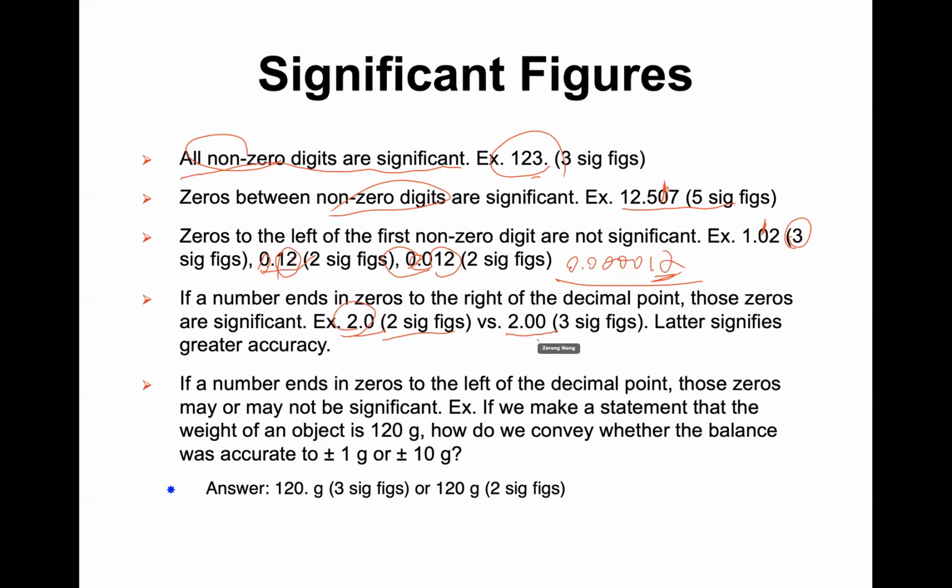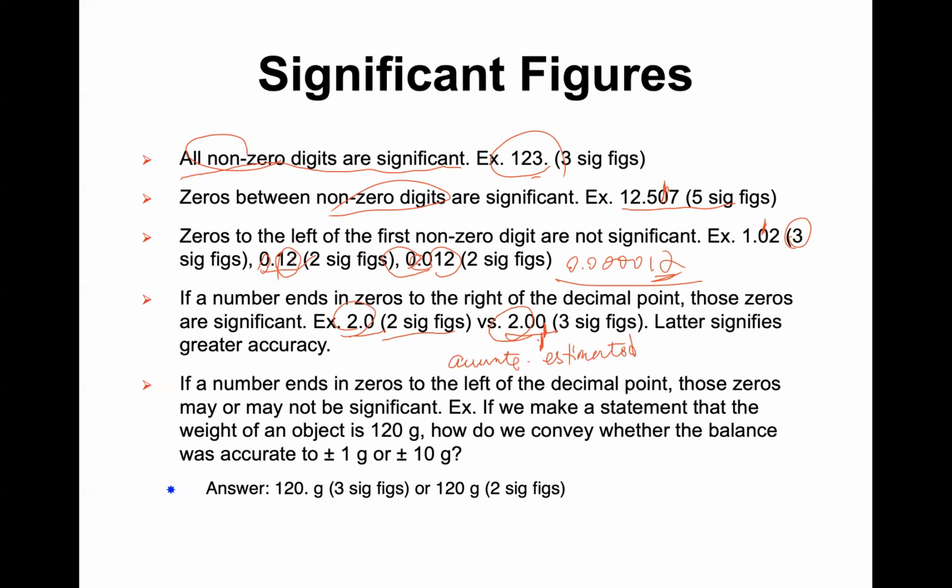The reason, like I showed earlier, is that the last digit is often an estimate. You have to keep it to guarantee the numbers preceding it are accurate. So you cannot drop them.